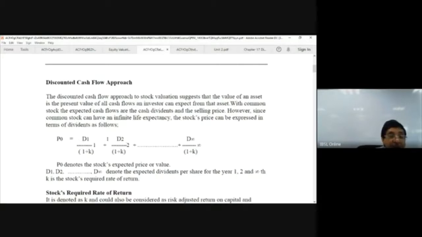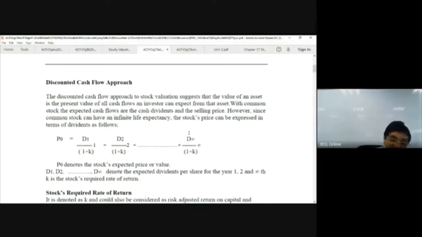For the second year, dividend income is D2. For the third year, D3. Likewise it goes, and the last one, since we think of it as an infinite lifetime, we take as infinity. So the infinite year's dividend is D infinity divided by (1 plus k) to the power infinity.